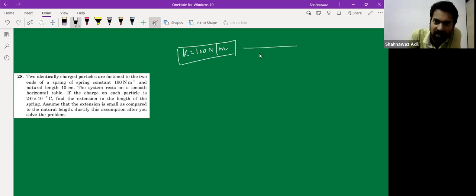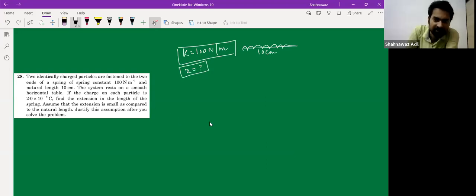The system rests on a smooth horizontal table. If the charge on each particle is this, find the extension in the length of the spring. Assume that the extension is small as compared to the natural length. So we have to find this extension.